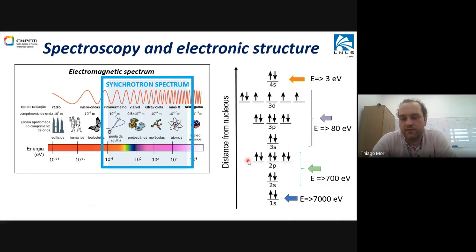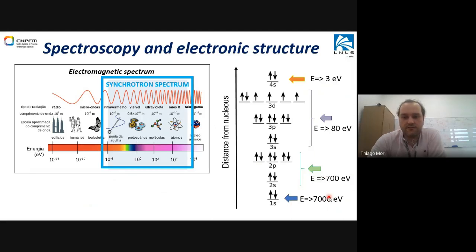And if we remember the most simple electronic structure, which is in this case here, I think it is the electronic structure of an isolated iron atom, we see that we have electrons with different binding energies, ranging from a few electron volts, tens of electron volts, hundreds of electron volts, and thousands of electron volts.